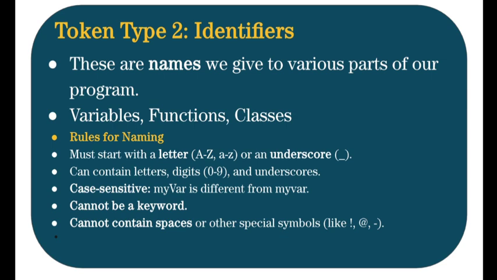It cannot be a keyword and it is case sensitive. Here an example, myVar with capital V is different from myvar with small v. And the names cannot contain spaces or other special symbols.